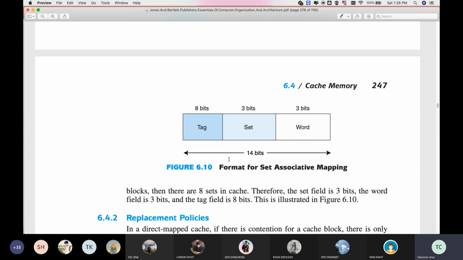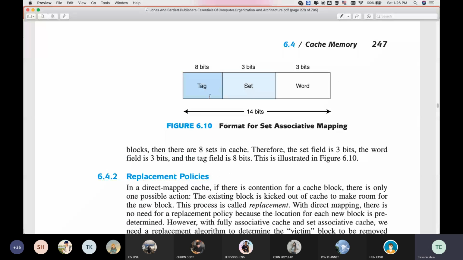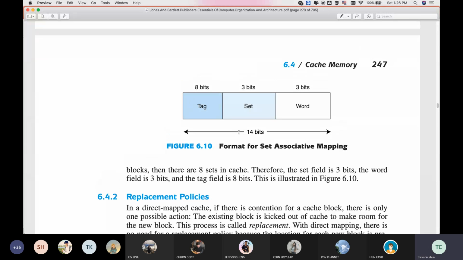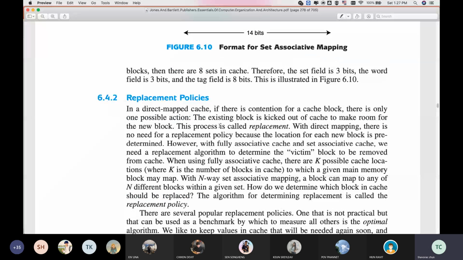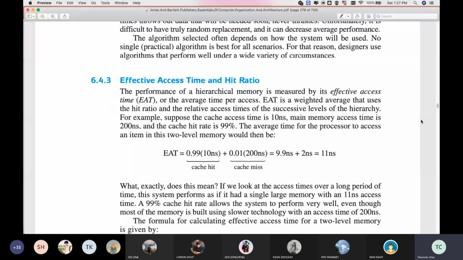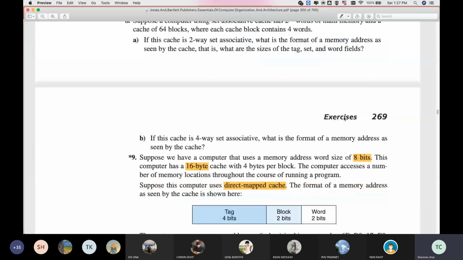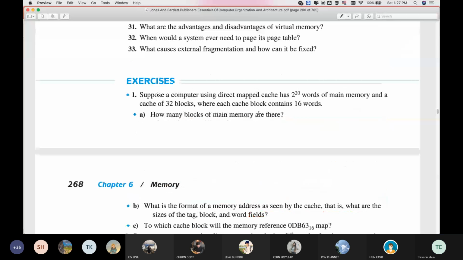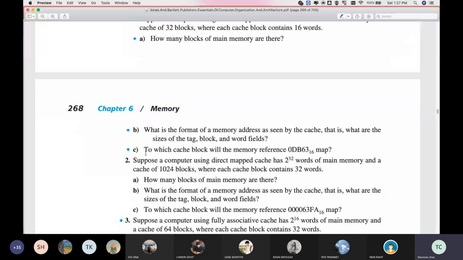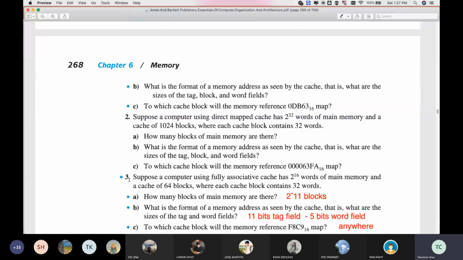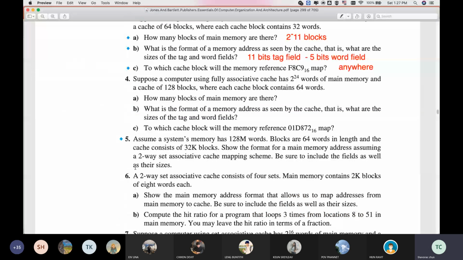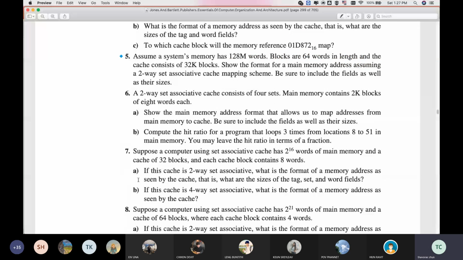All right, so let's work on some examples to explain how the set associative and the fully associative work. If you scroll down to find some exercises, we have done some exercises related to 1 and 2. And exercise 3, exercise 4, exercise 5, 6, 7. They are all about the fully associative and set associative.